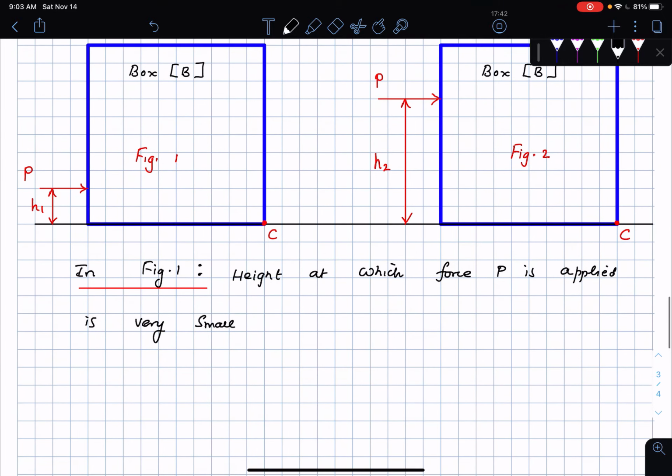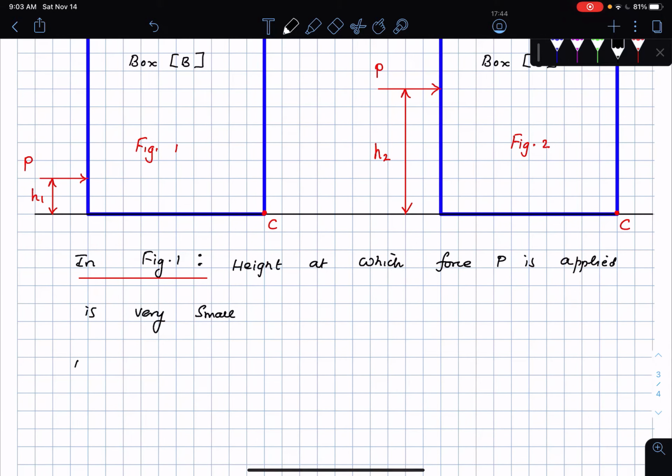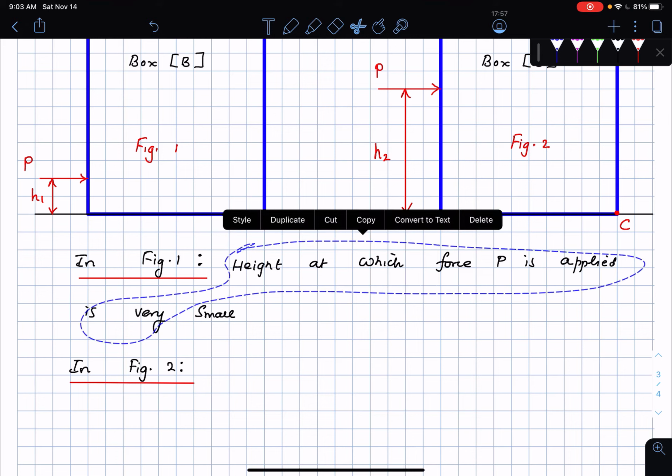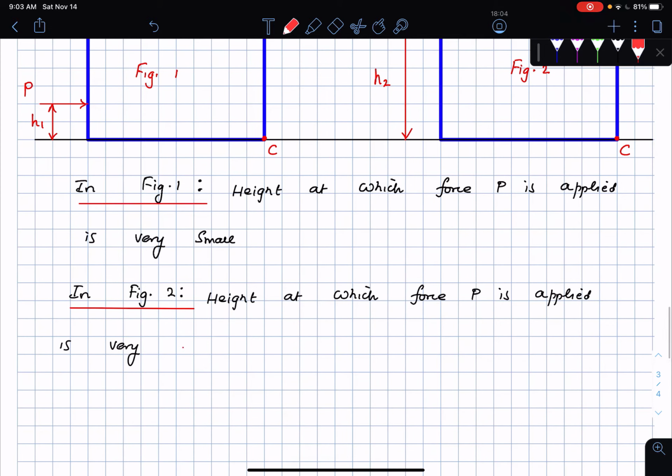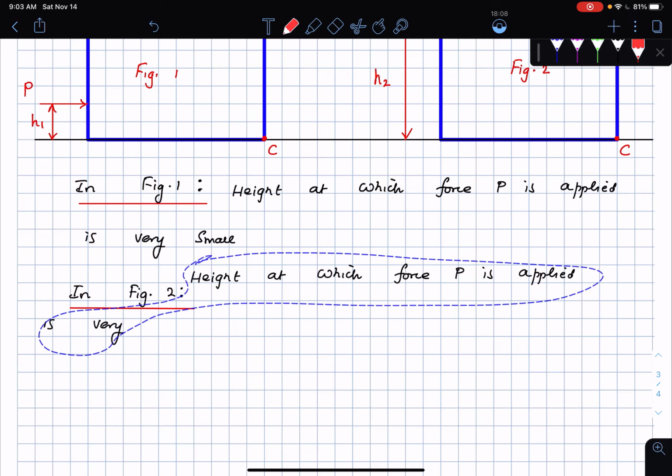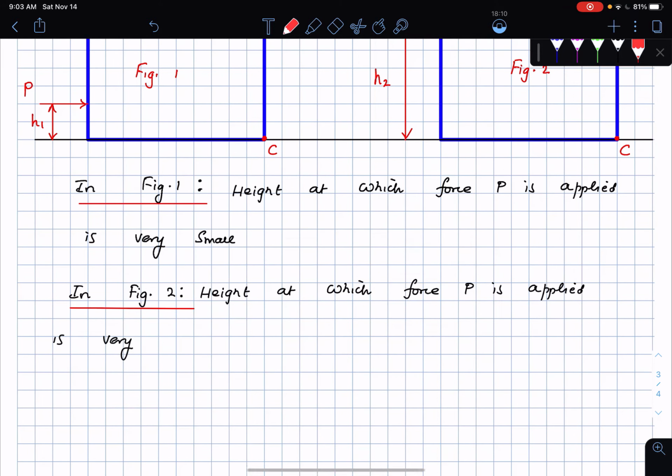In figure 2, the height at which the person is pushing on the box is very large. In the previous case it was very small. Now this is going to be very large.